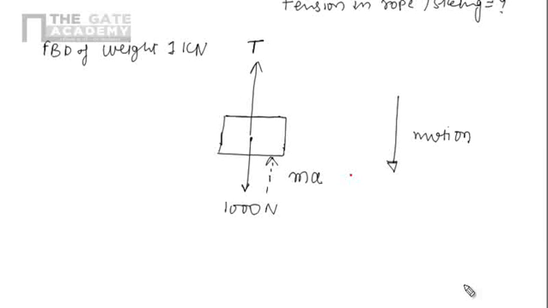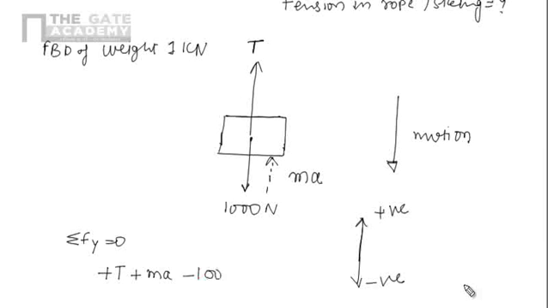Now we can apply the conditions of equilibrium, that is, the algebraic summation of all vertical forces should be 0. According to our sign convention, vertically upward is positive and vertically downward is negative. So we have plus T plus ma minus 1000 equals 0.